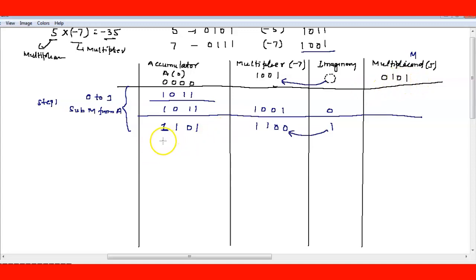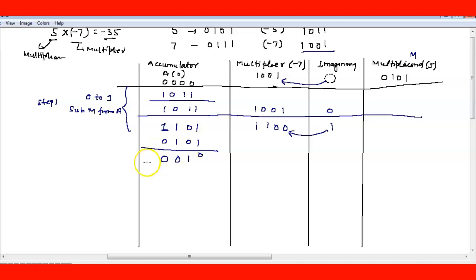So 5 we can write here for the addition: 0 1 0 1. After adding this we get 1 1 0 carry 1, this is 1 1 1 0 carry 1, and 1 plus 1 is 0. The carry that comes out we have to ignore.